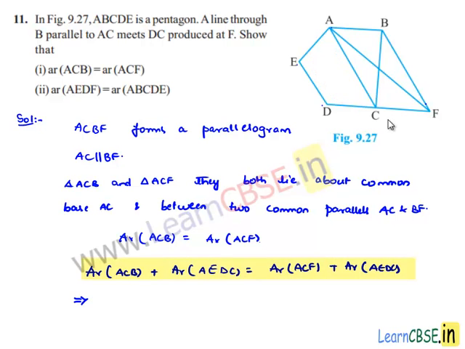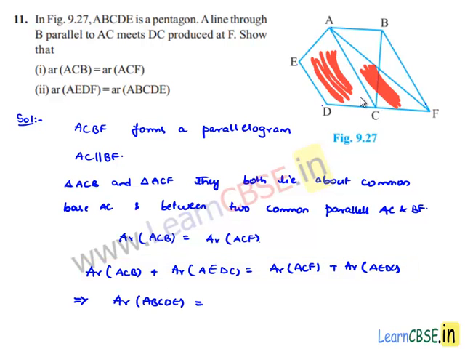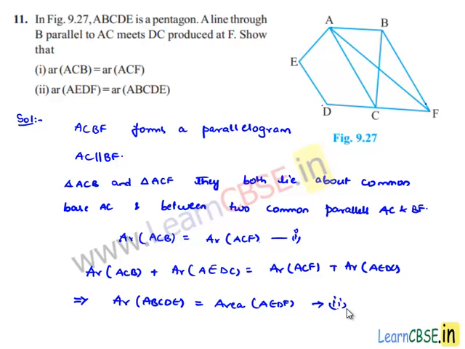That implies area of triangle ACB plus area of quadrilateral AEDC gives area of pentagon ABCDE, which is equal to area of triangle ACF and area of AEDC quadrilateral gives area of AEDF quadrilateral. This is the second proof we require to prove, and initially we proved the first proof. Therefore, these are the required proofs, and it is hence proved.